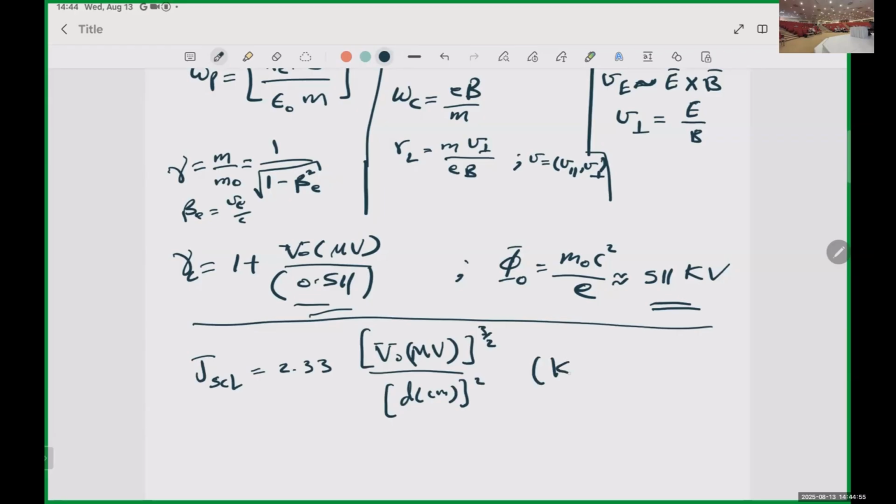And this is going to give you kiloamps per centimeter squared. Now, if you move to the relativistic level, the value is going to be slightly different, and I want to write it here just for your reference.